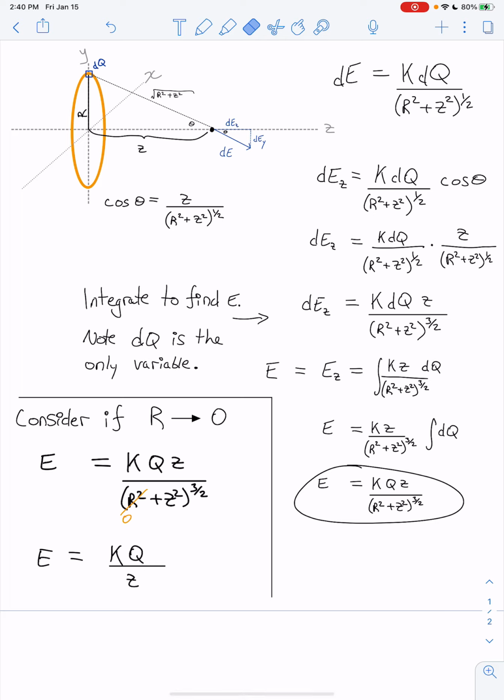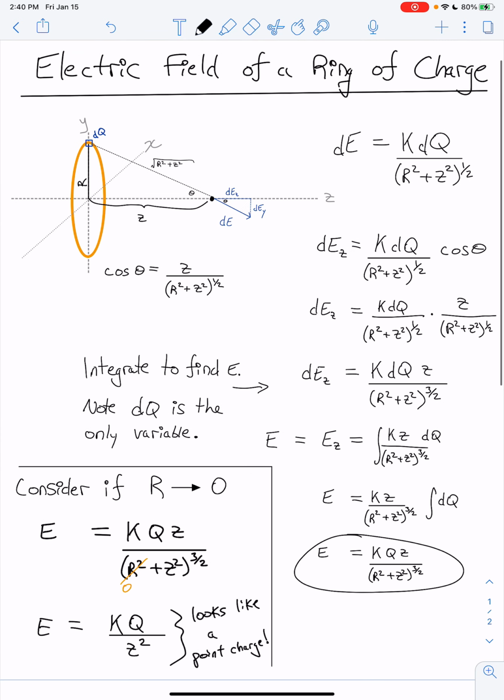This z cancels out with one of these, and we get z squared. Now that looks familiar, doesn't it? That looks like a point charge. Okay, so that's the electric field of a ring of charge.